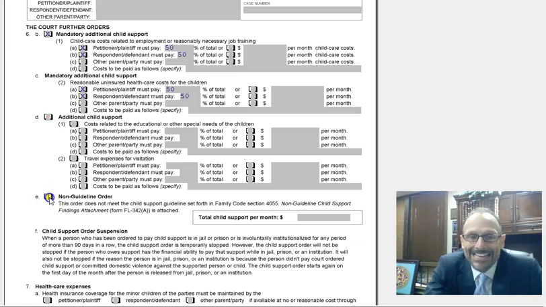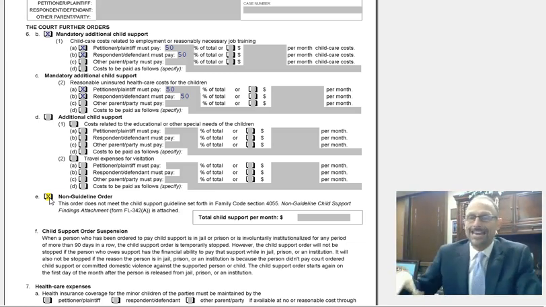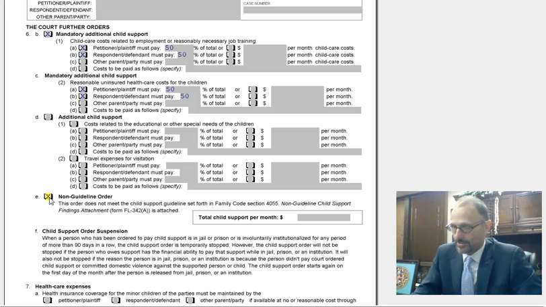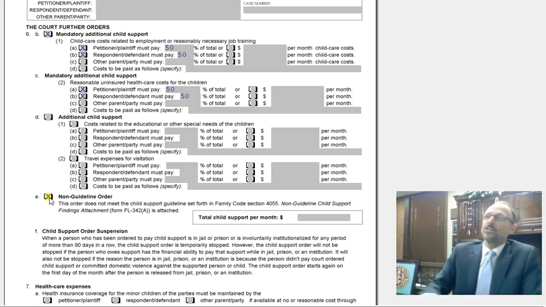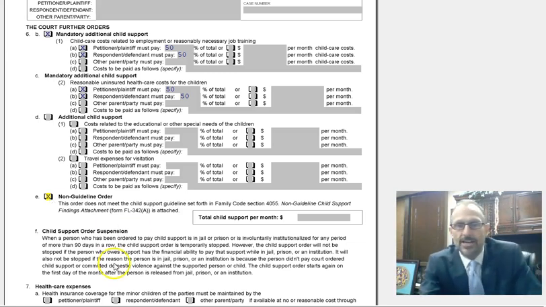Okay, and then E. E is non-guideline order. So if you are agreeing to, or if the judge ordered a non-guideline child support order, that's a number different than the number that comes out of the DissoMaster or the child support calculator. If you're agreeing to a number different than that number, then you need to pay attention here.